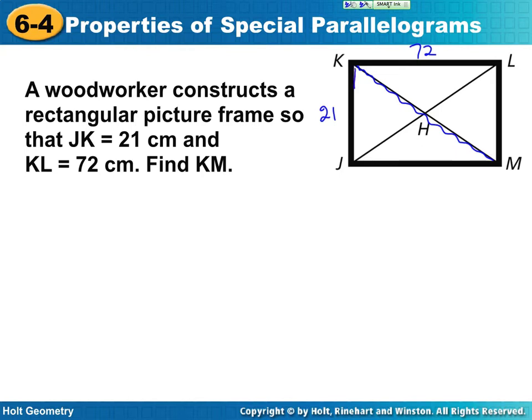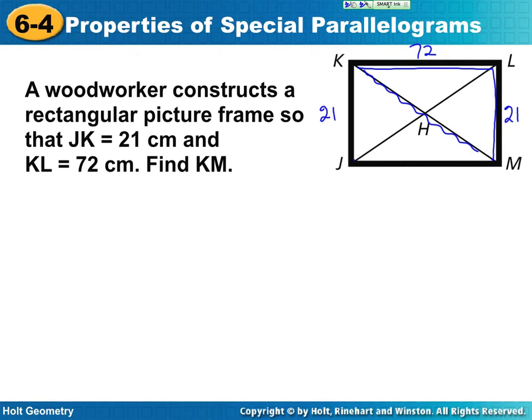KLM you want to use? That's KJ. Okay, JM, you didn't want that one. Which one did you want? KLM. Okay, talk to me some more. Because why? 21 there.